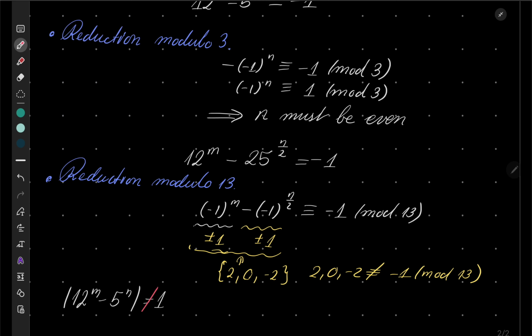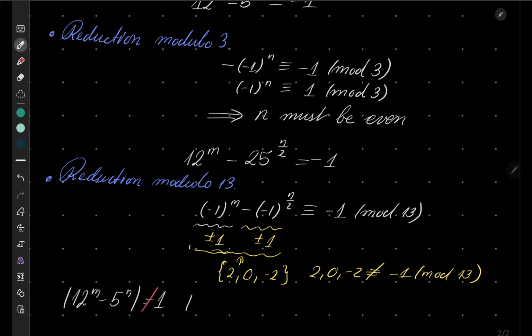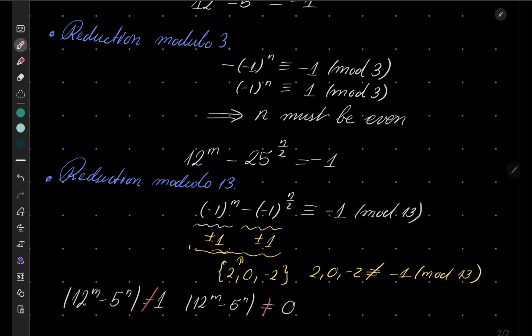And finally, can it be equal to 0? It's pretty easy to see that it can't, because it would imply that 12 to the power of m equals 5 to the power of n. It is only true in integers for m and n equal to 0, but 0 is not a positive integer.